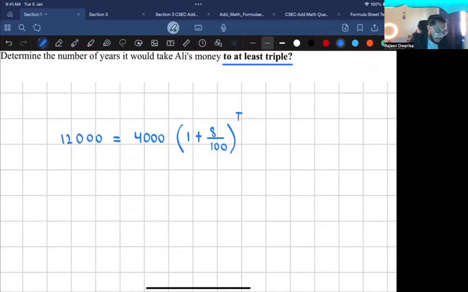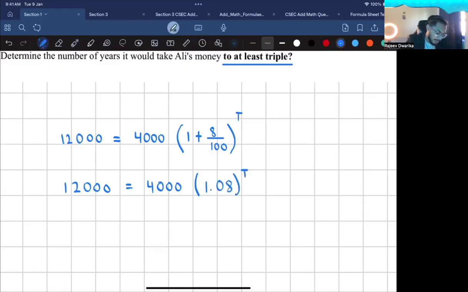So Kira, before we do anything, I think we can simplify inside the brackets. So what is 1 plus 8 over 100 as a decimal? 1.08. Right?